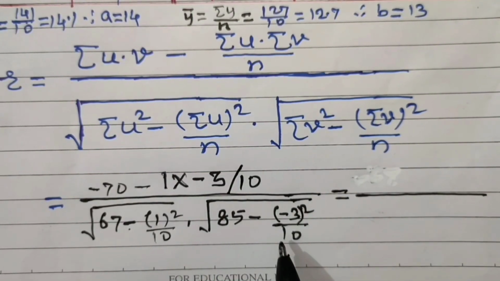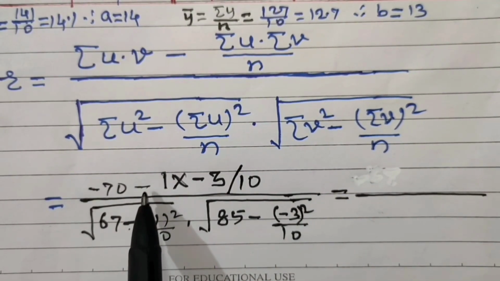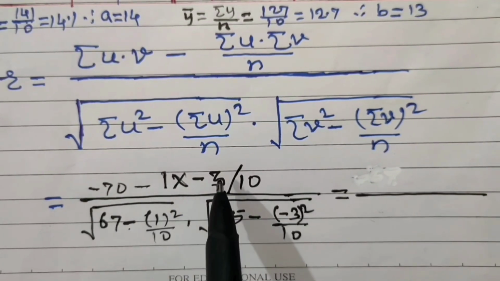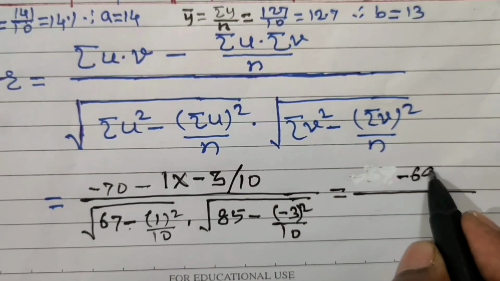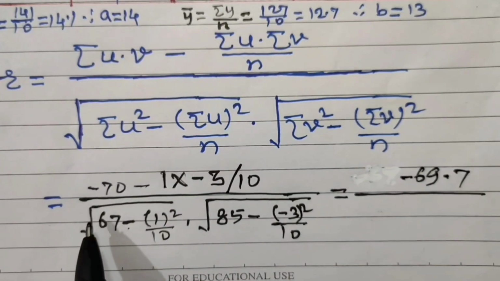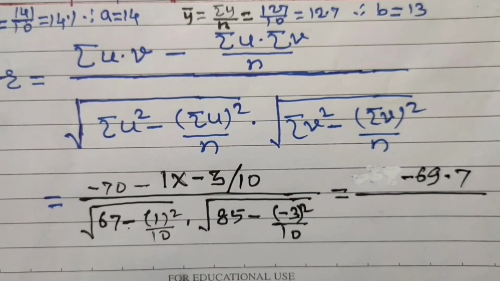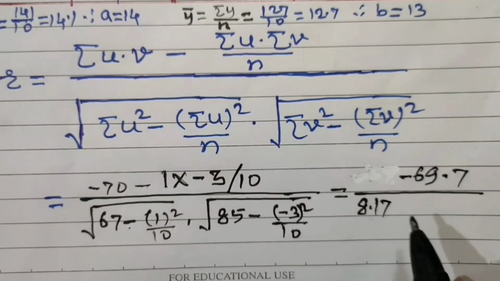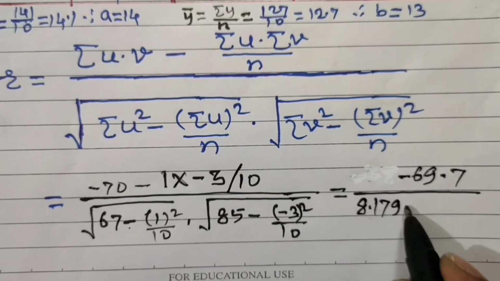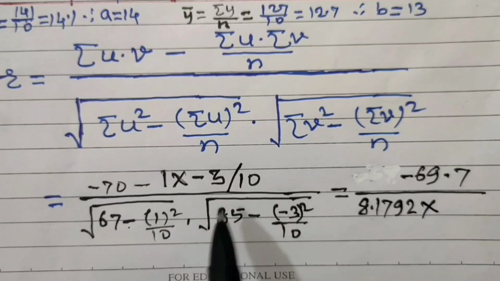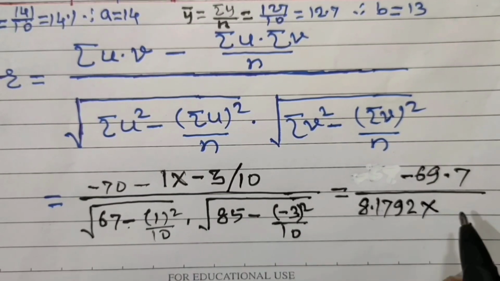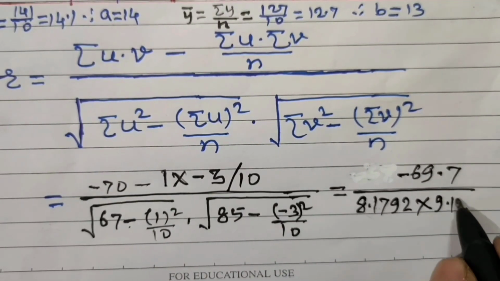Now calculate this. Minus 70 minus minus, plus 3 upon 10, and this is equal to minus 69.7. And this value is 8.1792. You can use a calculator to get the value of this square root, into the value of the second square root, that is equal to 9.1706.